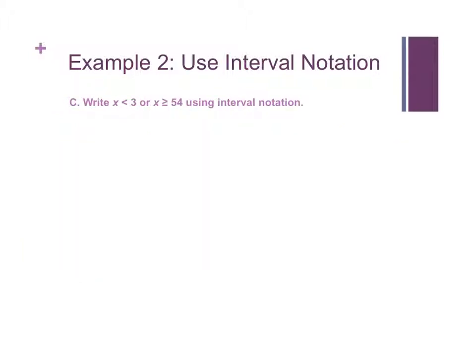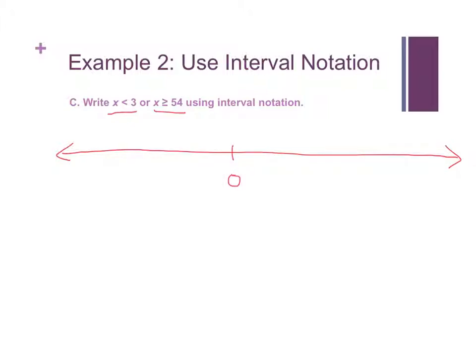In example 2, part C, we're going to use interval notation again, but with two separate inequalities. We want to write x is less than 3 or x is greater than or equal to 54. Now, I'm going to start by drawing a number line, and I'm not going to number all the way up to 54.